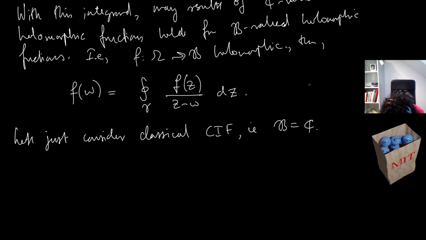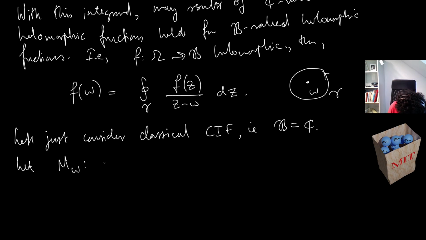I should say that this is a contour that goes around counterclockwise around omega. So let's consider the case B is equal to C, and now I want to consider M omega, which is now an operator that maps complex numbers into itself, and I'm going to define M omega of z to be just omega z.